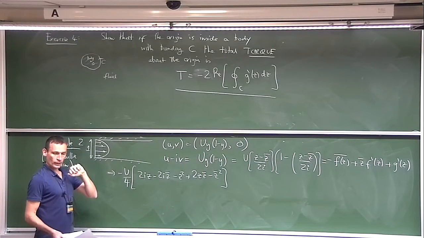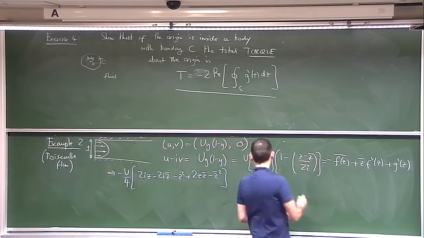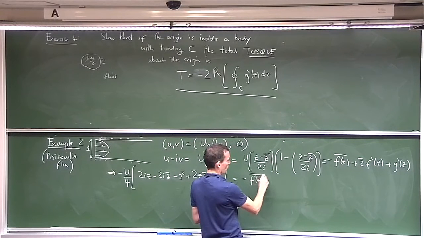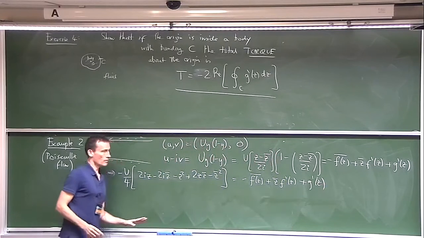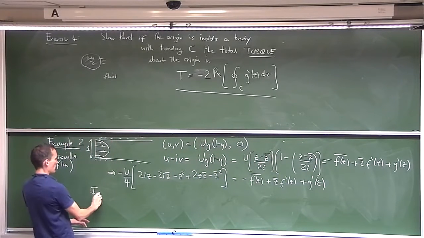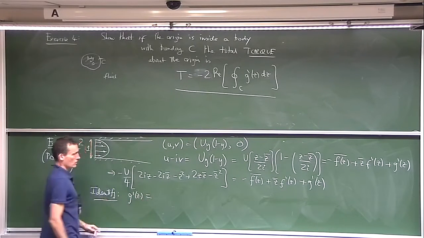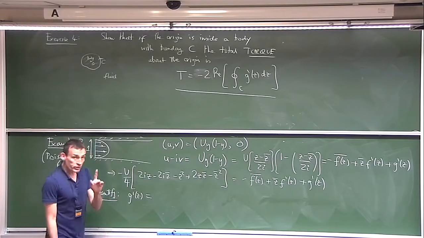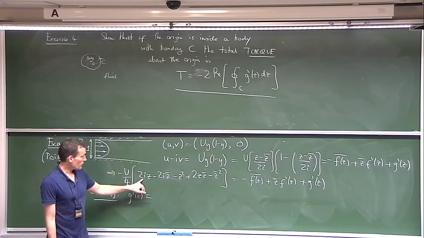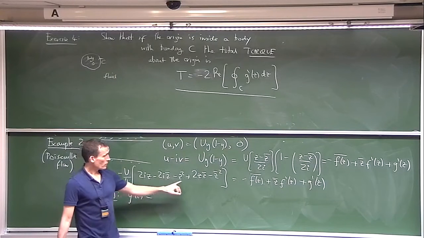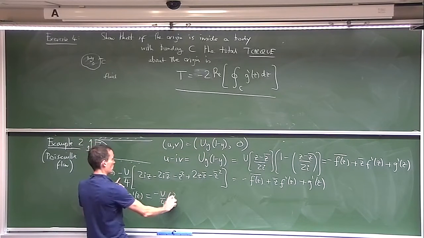Okay? Who can tell me what g prime is? Because this thing is equal to this thing. So let's identify. You can usually spot g prime because it's the only analytic thing. So look, it looks like that's going to be part of it. That's not. That's not. That's not. Must be these two. So minus U over 4, (2iz minus z squared).